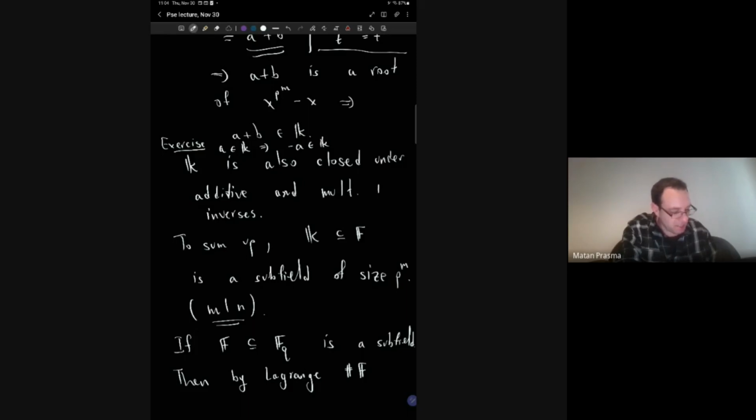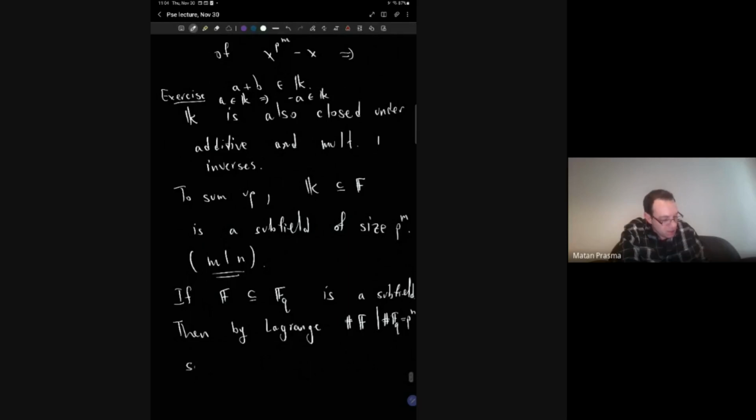And if it's a subfield of F_q, in particular, it will be a subgroup of the additive group of F_q. So the order of F must divide the order of F_q, which is p^n. But of course, the order of F is some power of p, let's say p^m, for some m.